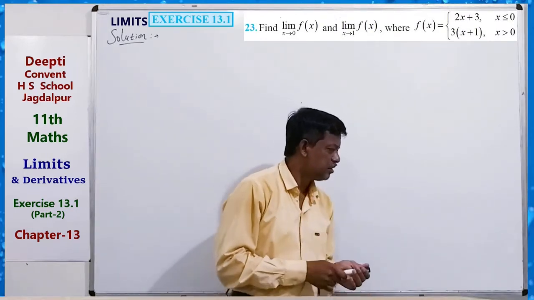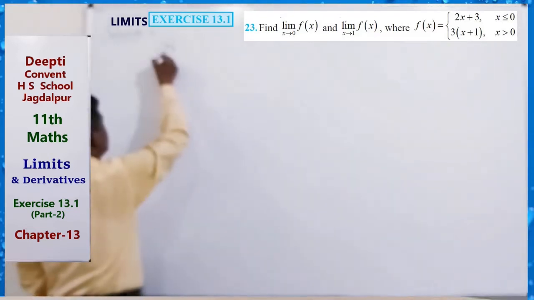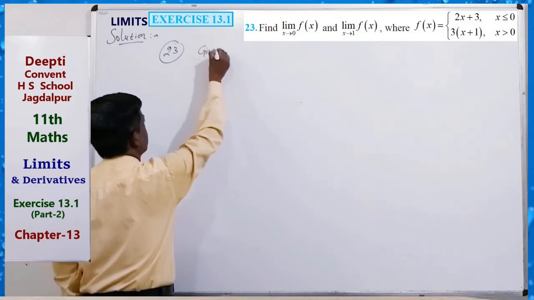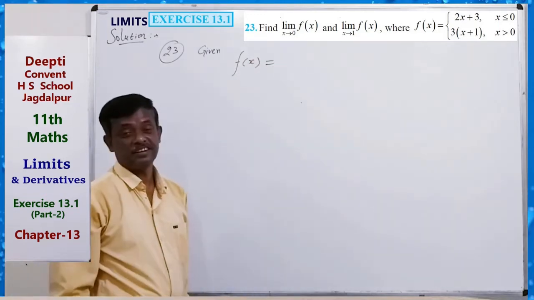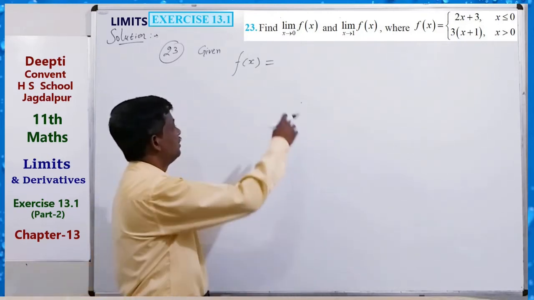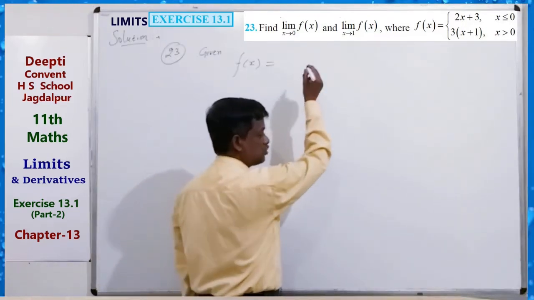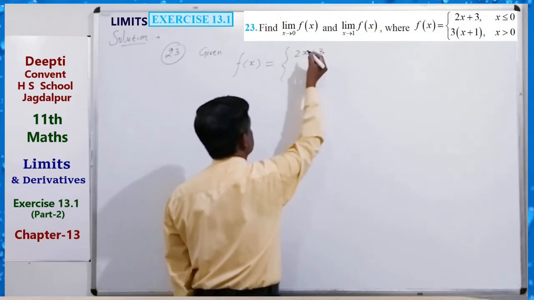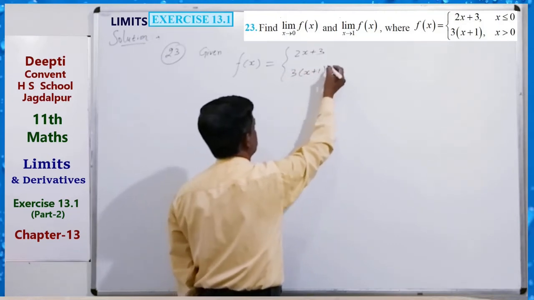Find limit x tending to 0 and x tending to 1 of f(x), where f(x) is given. Here the function is given in discontinuity form, that is in two intervals. Here f(x) equals 2x plus 3 and 3x plus 1.